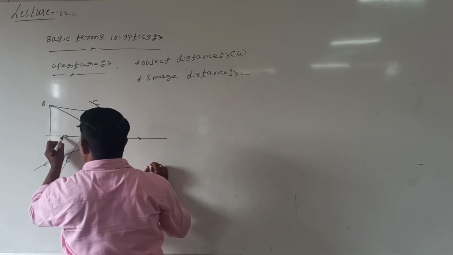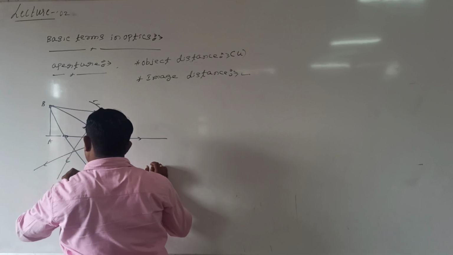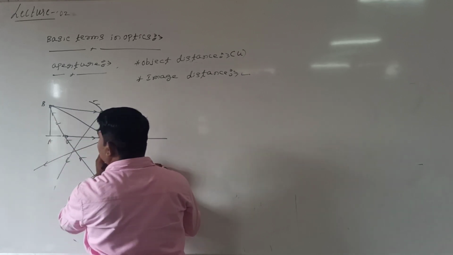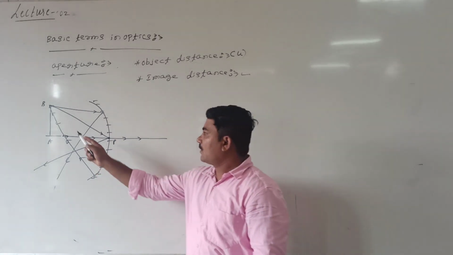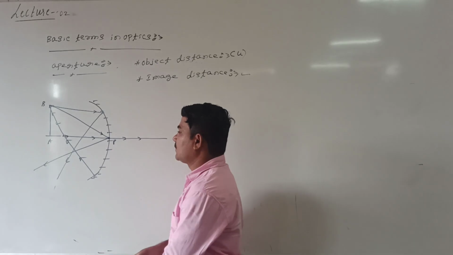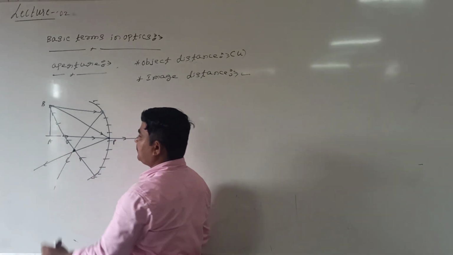It goes in the same path, I mean it retraces its path. It is incident like this, and after incident it goes the same path. After reflection the rays of light meet at this point.